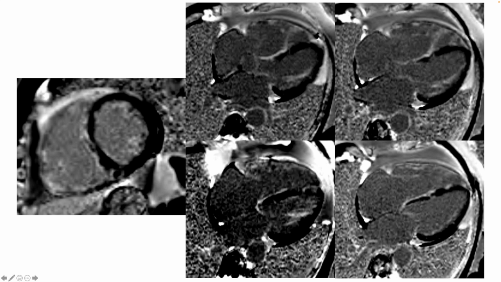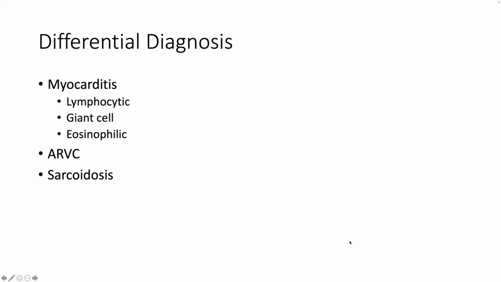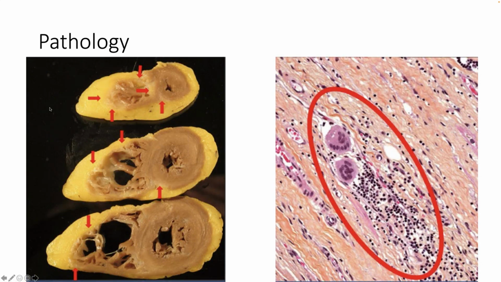Sarcoid is a good possibility. There was an elevation in the troponins. However, the eosinophil count was normal, but just as a differential, would you include a specific type of myocarditis? I guess you already said that eosinophils are normal, correct?